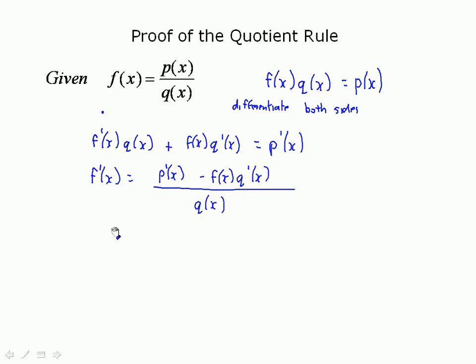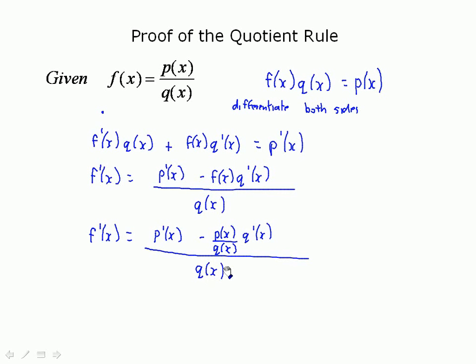Then, not much you can do with it except for one little thing on the right side of that expression. If you take a look at f of x, it might occur to you that f of x, according to the original information, is equal to p of x divided by q of x. And then that's times q prime of x, and all this over top of q of x.